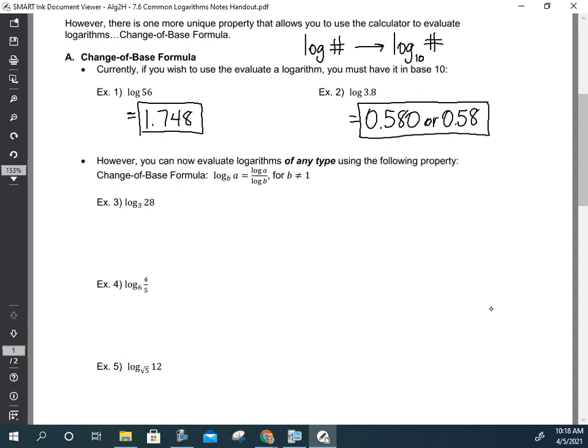So you have log base b of a. You would rewrite it as log of a divided by log of b. So you rewrite it first, and then you let the calculator do its work. Once you rewrite it, it automatically transforms to base 10. It's like magic.